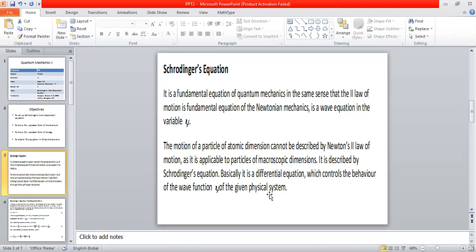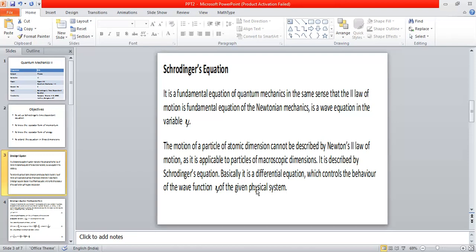So the mechanism is to set up an equation called Schrodinger's equation for a given system, which involves a differential equation in terms of psi, and under suitable conditions, we need to solve the wave equation. Once we solve the wave equation, we are going to end up with the wave function psi, and this wave function psi gives maximum information regarding the behavior of the system.